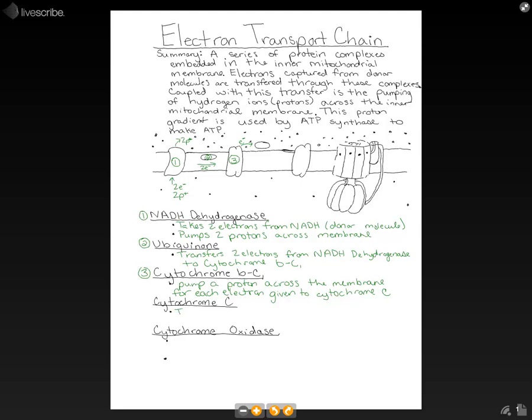Cytochrome C is going to transfer electrons individually from cytochrome BC1 to cytochrome oxidase.